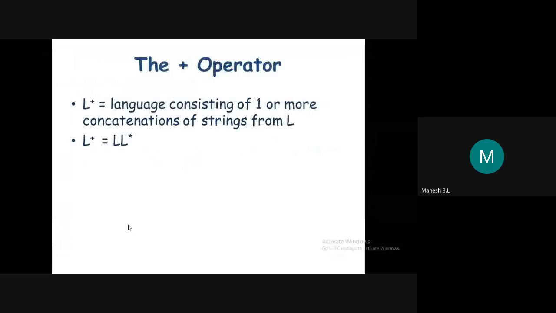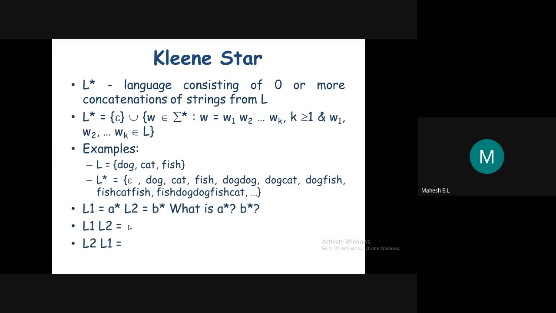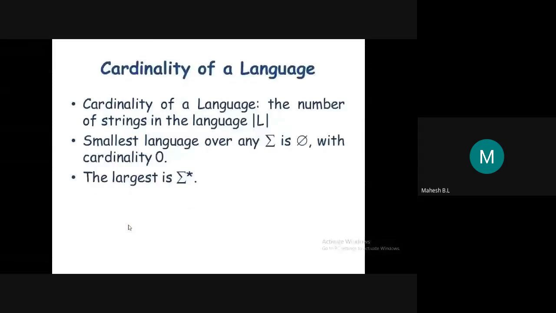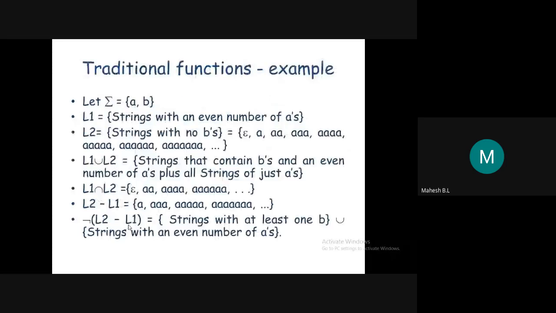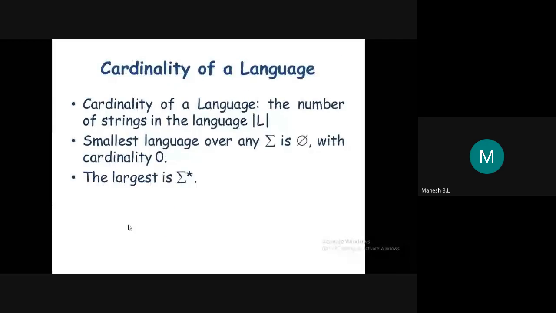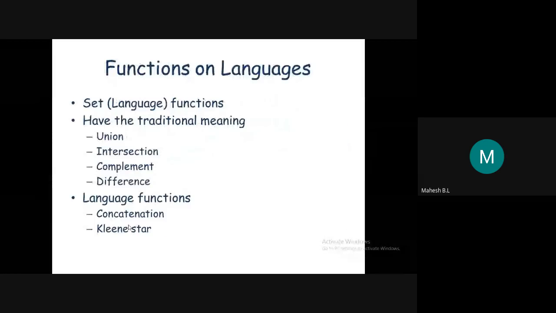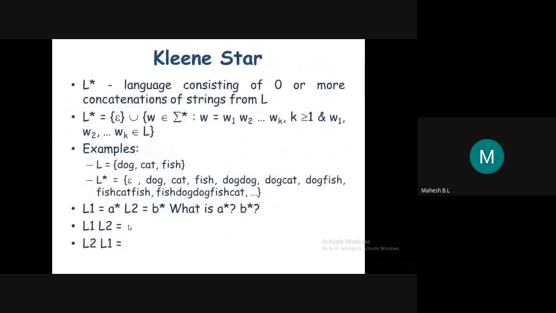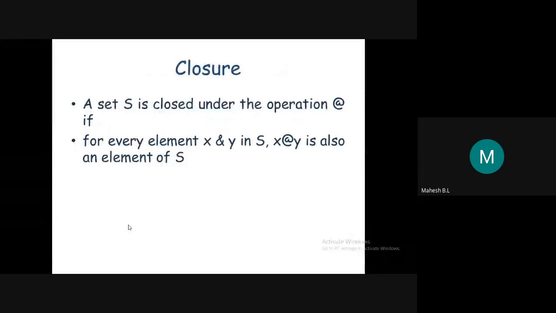So there are a few more slides. The slides starting from cardinality of a language, I'll skip for the time being and cover in the next class. I think there is no complexity, but still for the time being, I'll skip.